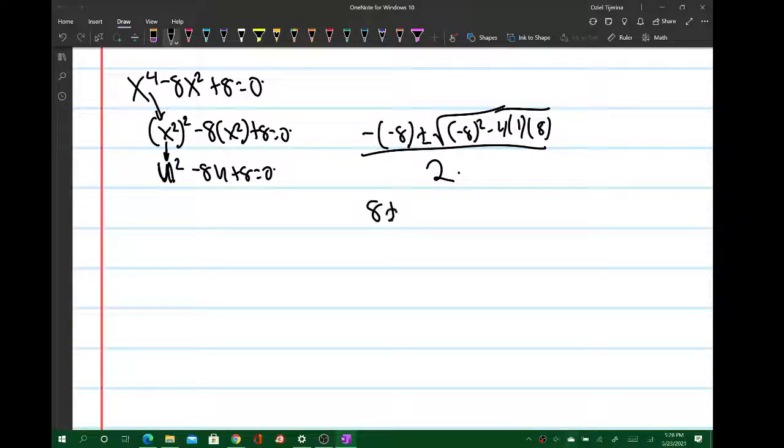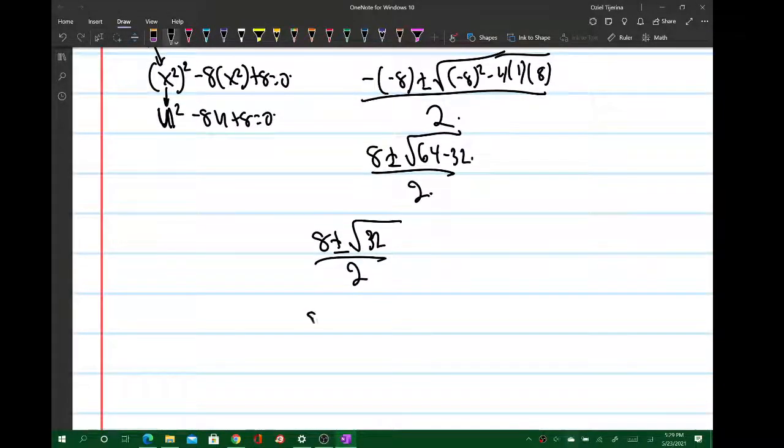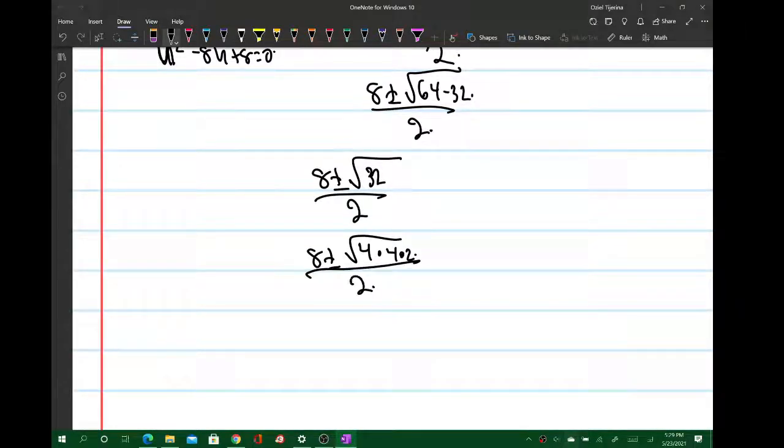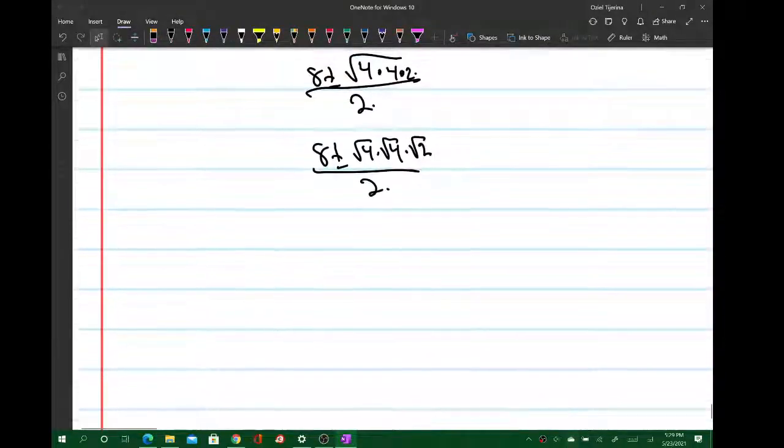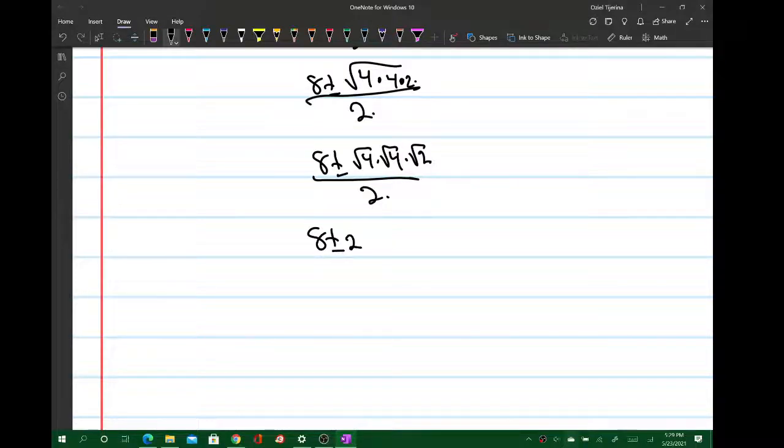So then we have 8 plus or minus the square root of 64 minus 32 all over 2. So then we have 8 plus or minus the square root of 32 all over 2. And then we would have 8 plus or minus the square root of 4 times 4 times 2, all over 2, which is equal to 8 plus or minus the square root of 4 times the square root of 4 times the square root of 2 all over 2. And then it would be 8 plus or minus 2 times 2 times the square root of 2 all over 2.